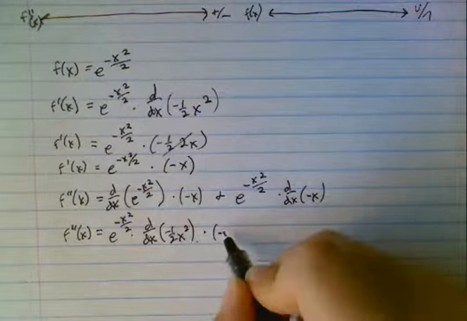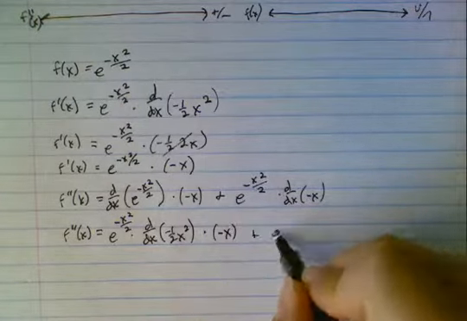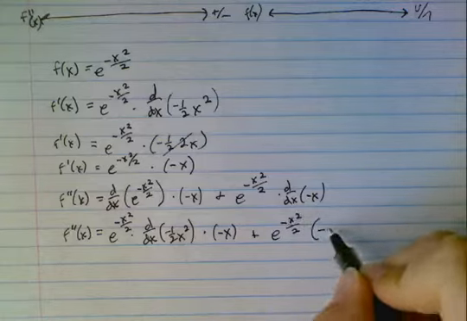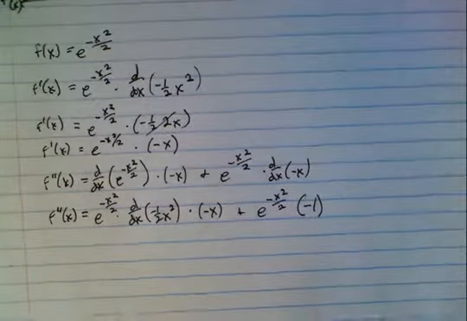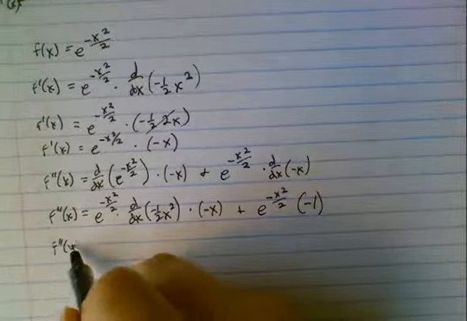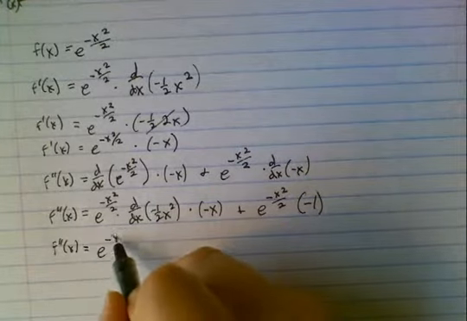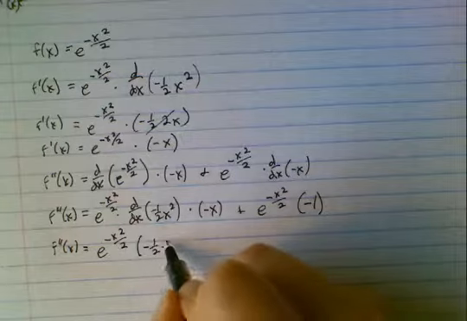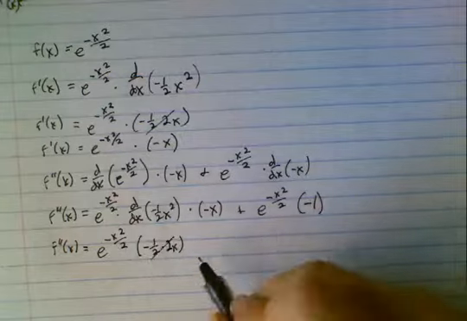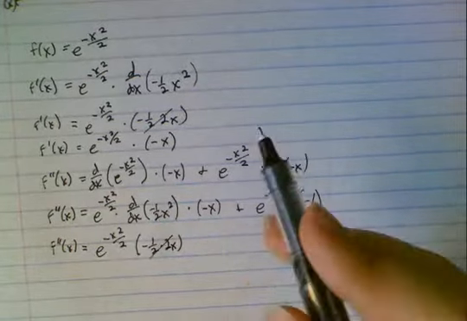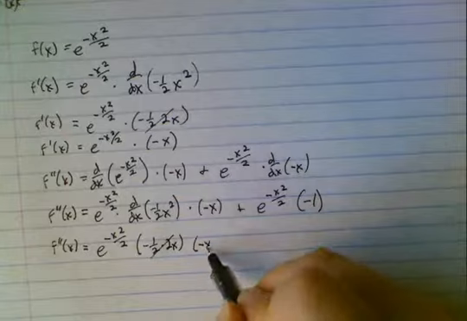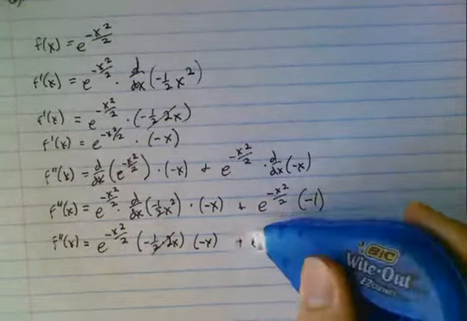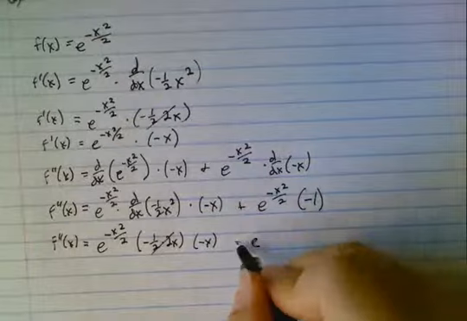This is times a negative x along for the ride, plus e to the negative x squared over 2. Derivative of negative x is negative 1. Again, those cancel out. Funny, it actually ends up looking the same as what we did before. Actually, why don't we move that negative 1 to the front here? We can shorten that up, just say minus.